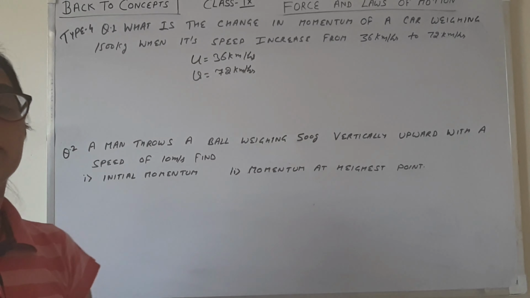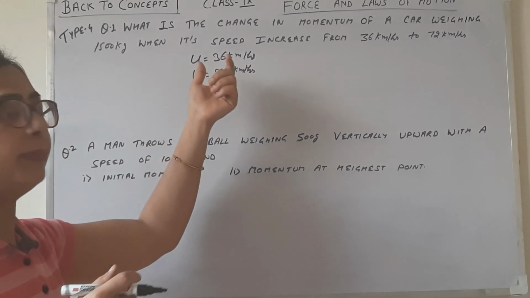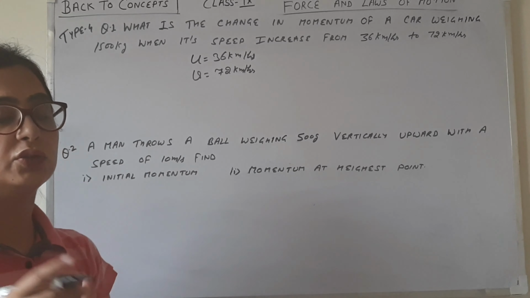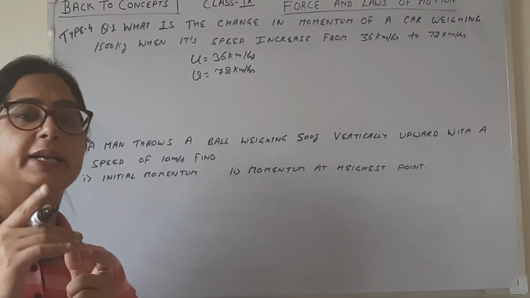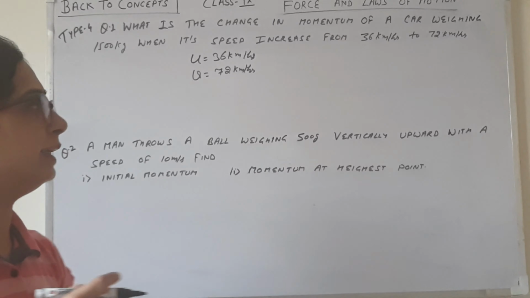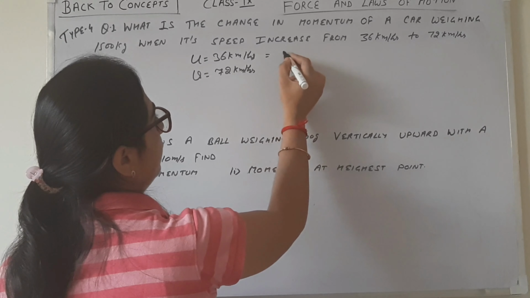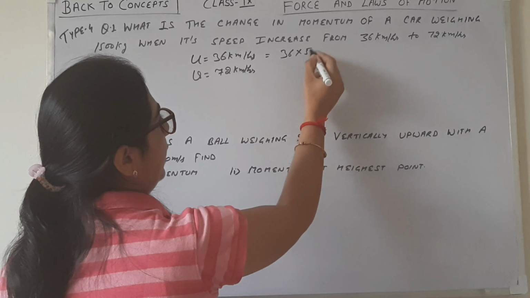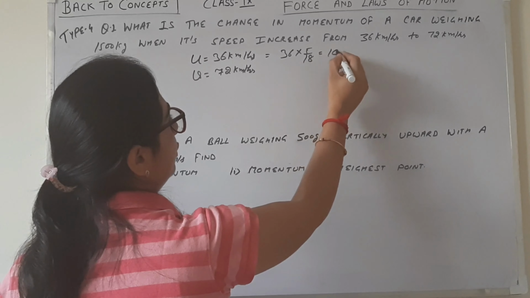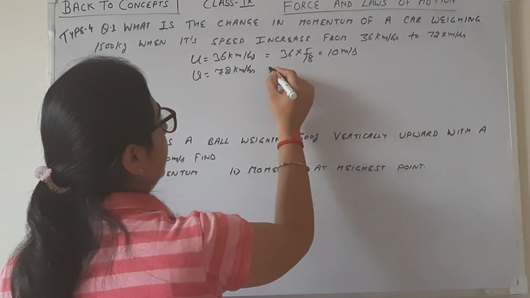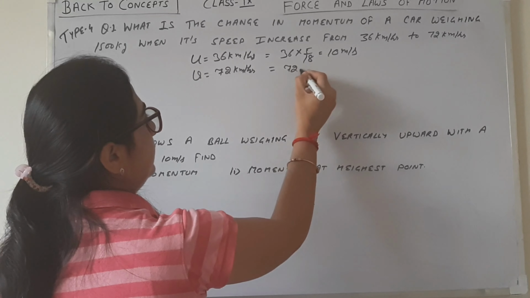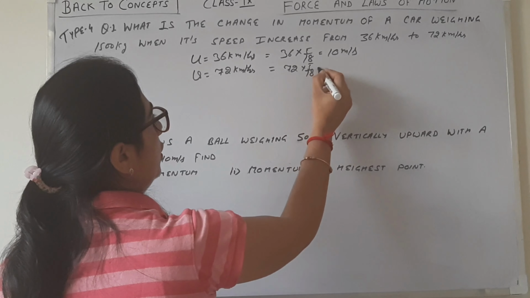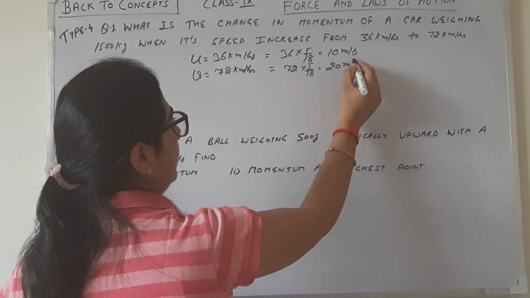First of all, we have to convert kilometer per hour to meter per second. So what we have to do? We have to multiply it with 5 by 18. So first we convert 36 multiplied by 5 by 18. That is equal to 10 meter per second and the final speed is equal to 20 meter per second.